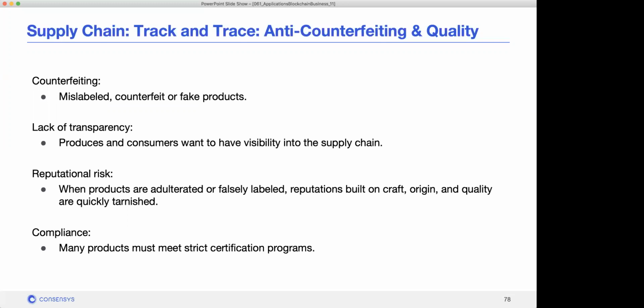You don't necessarily know where your goods have gone, and consumers aren't completely sure of where the goods have come from. And so if an adulterated, counterfeit or falsely labeled product is sold, then you're having reputational risk. And also, maybe if you've got strict compliance saying that something's going to be organic, and then someone mixes in some non-organically grown produce, then you're risking your certification.